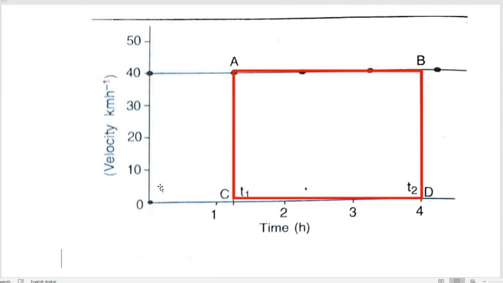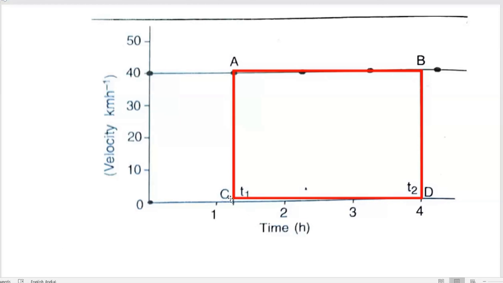Now, look at this graph. The region which is highlighted here is ABDC. You can see this is a rectangle. Here the velocity is AC, that is 40 km per hour, and time is CD. The length of CD is equal to T2 minus T1.